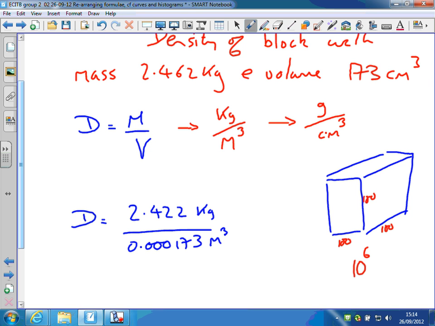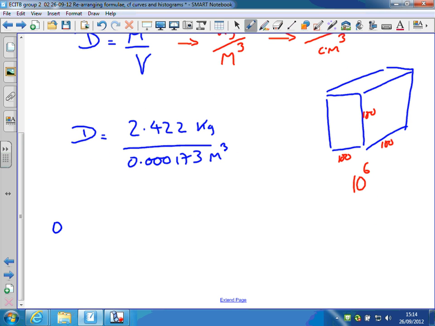So I'm going to have the density in kilograms per cubic meter. Or 2,422 grams divided by 173 cubic centimeters, and then I'll get the answer in grams per cubic centimeter. So would you like to do those two calculations, and what do you get?